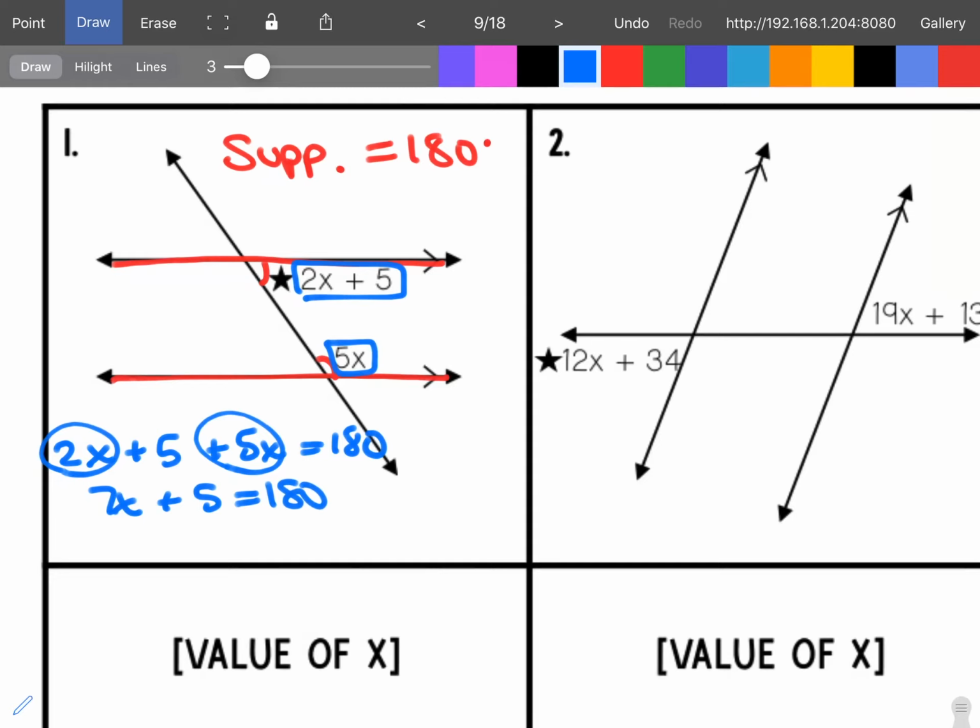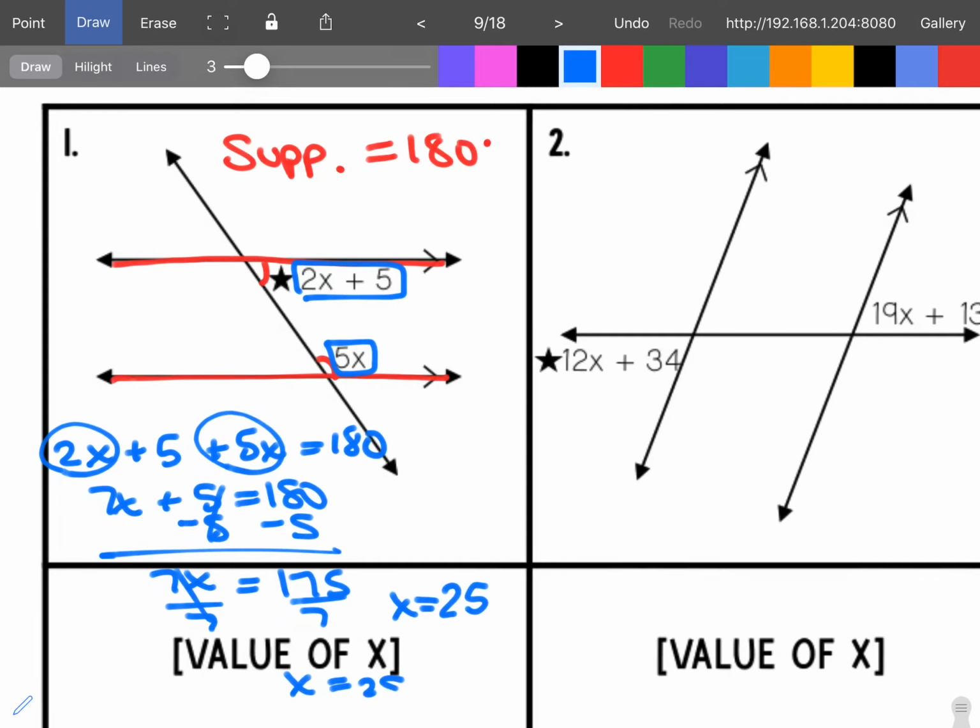And it's just a basic 2-step equation now. Subtract 5 on both sides. So you get 7x equals 175. Divide by 7. 7 goes into 17 2 times. That's 14 with 3 left over. So it looks like that. X is 25.